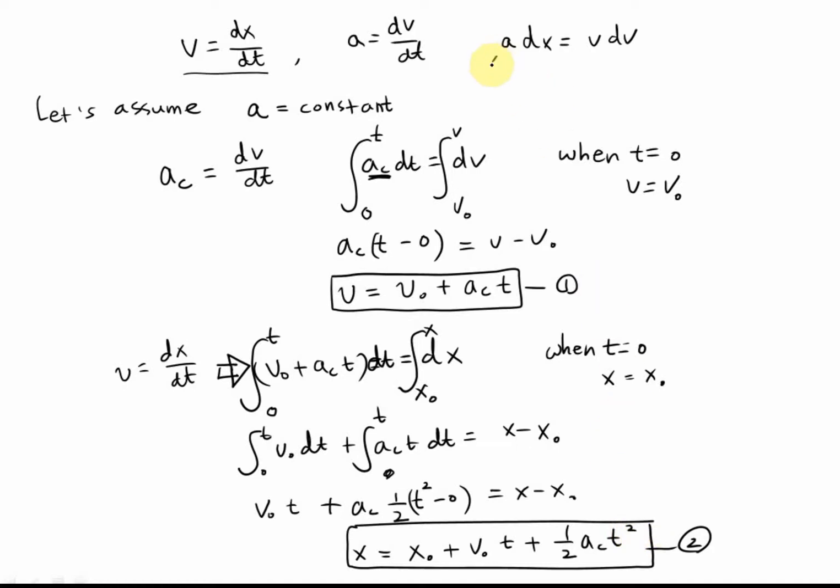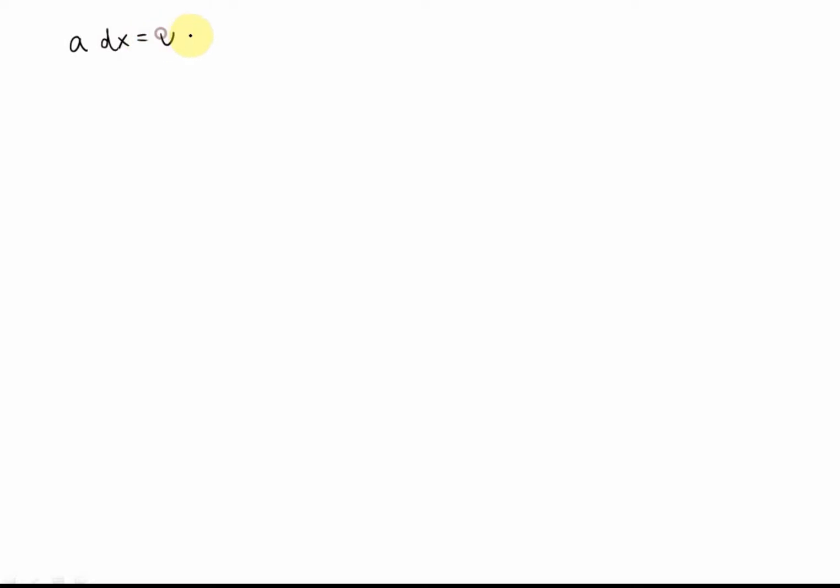And how about this one? What's the use of this one? We assume that a is constant, ac, and we can take integrations like that. We assume that when position is x naught, your velocity is v naught, and at x the velocity is v.